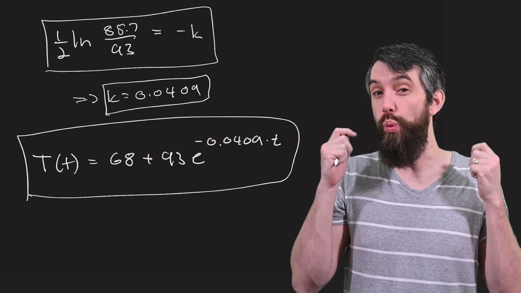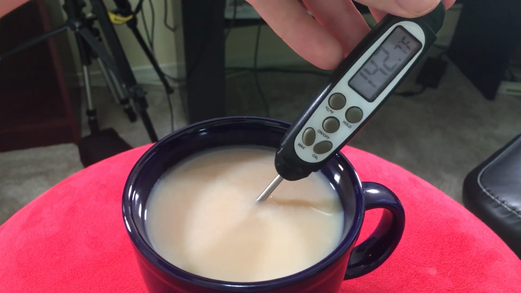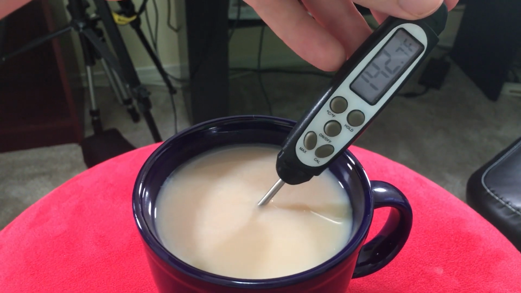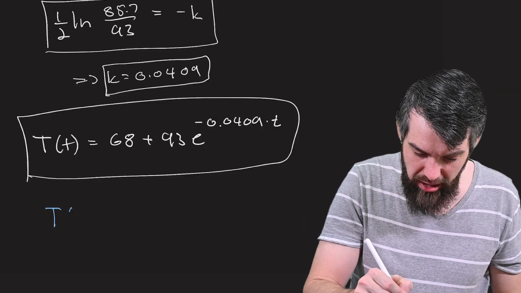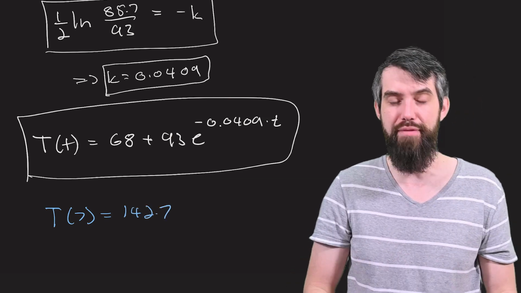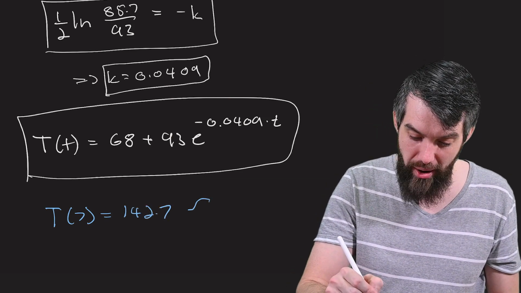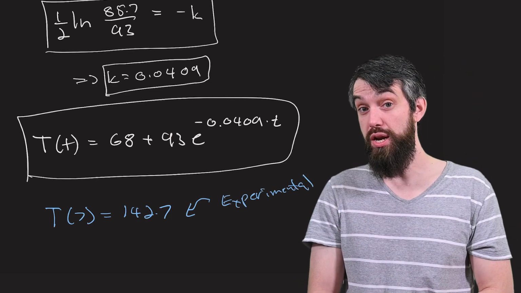So I want to collect one more data point, and I did it 5 minutes later. And now I'm all the way down to 142.7. So this new data point thus is T of 7 is equal to 142.7. Okay, so that's the experimental. Doesn't mean my model is going to match it at all.